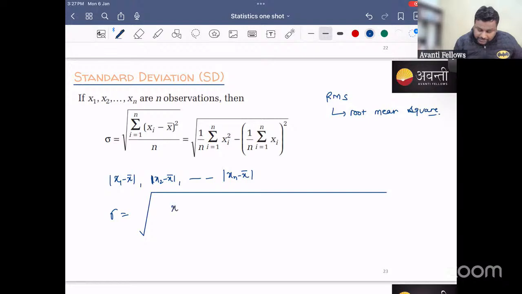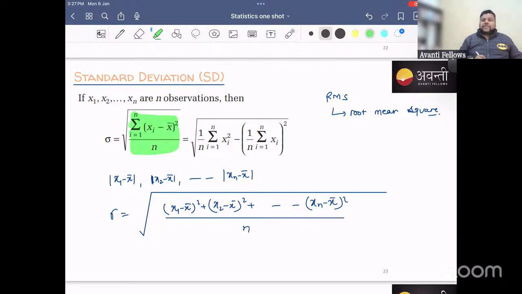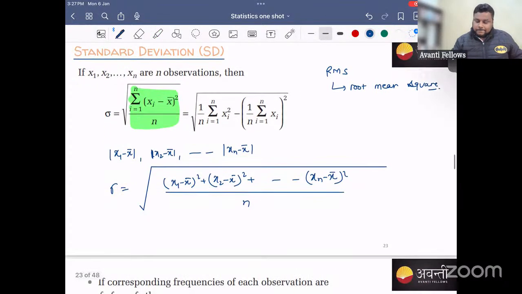That is x1 minus x bar square, x2 minus x bar square, and so on, xn minus x bar square, upon the total number of observations n. So in short, they have written it as the square root of sigma i from 1 to n of (xi minus x bar) whole square, divided by n. Got it?